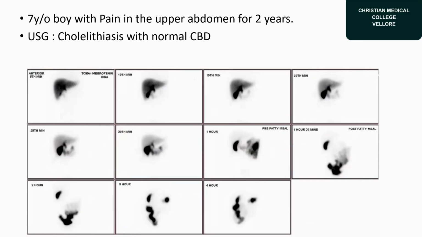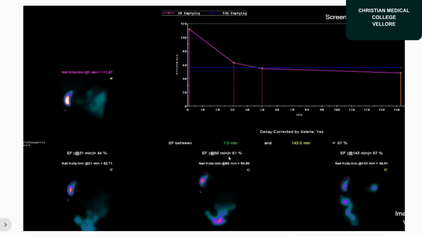When we do a fatty meal instead of the Synclinide infusion, we take an ROI at this point of time, and then at half an hour, 1 hour, and 2 hours after the meal is given. We found an ejection fraction of 61 at 1 hour after the fatty meal, so it was normal. And then the doctors also kept the patient on follow-up.